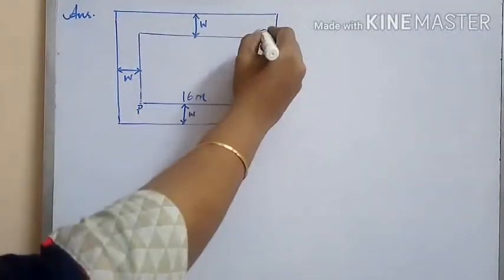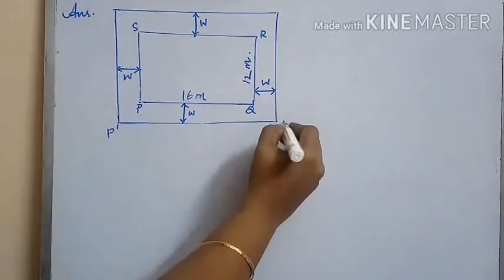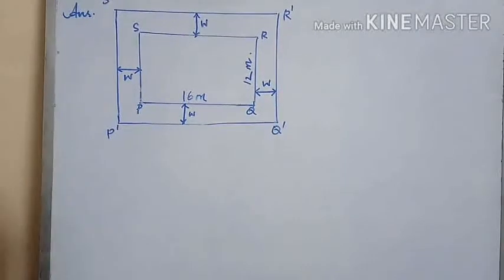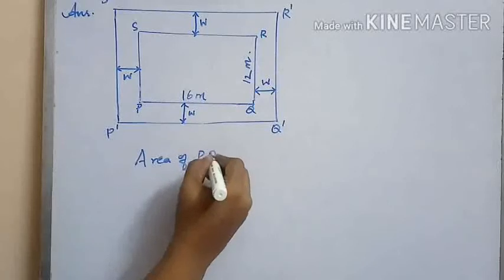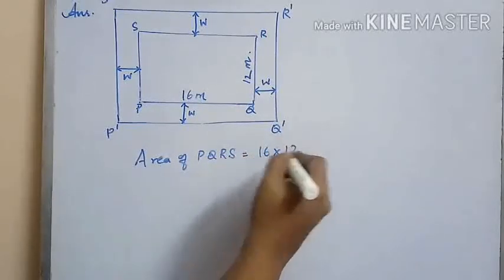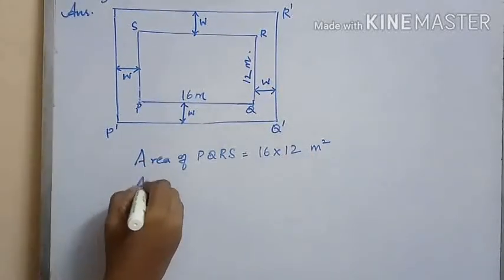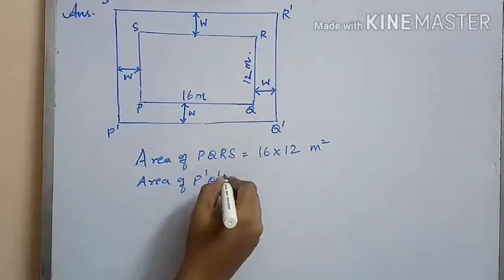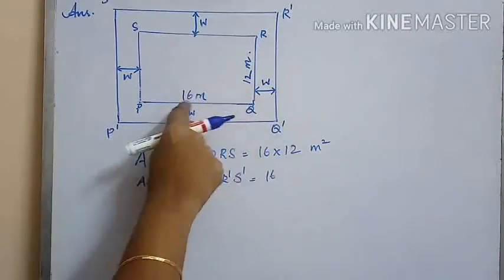Let us mark the inner rectangle as PQRS and the outer rectangle as P dash, Q dash, R dash and S dash. Area of the rectangle PQRS is equal to 16 into 12 meter square, and area of the rectangle P dash, Q dash, R dash and S dash is 16 plus 2W.